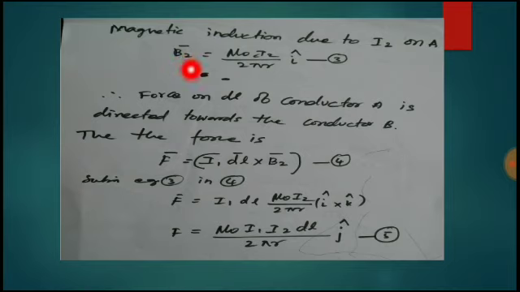Therefore, B2 is equal to mu naught I2 divided by 2 pi r into J cap. This is the positive direction, that's why the unit vector is J cap.